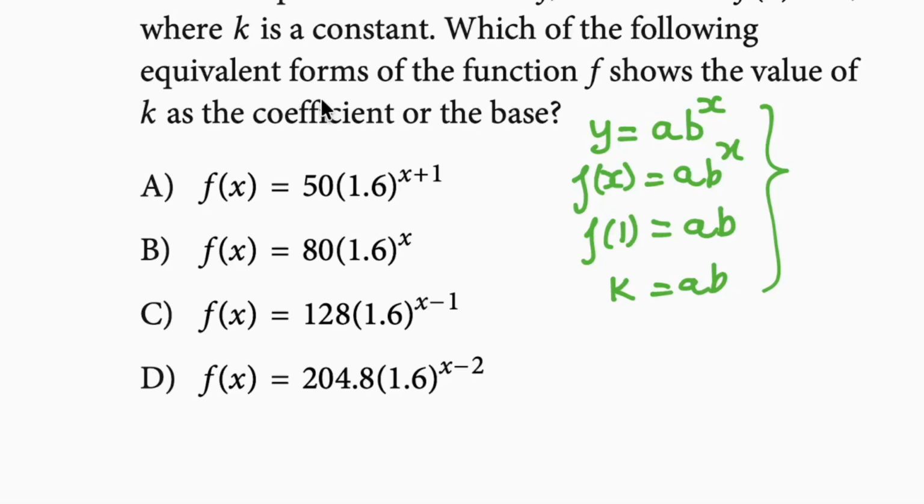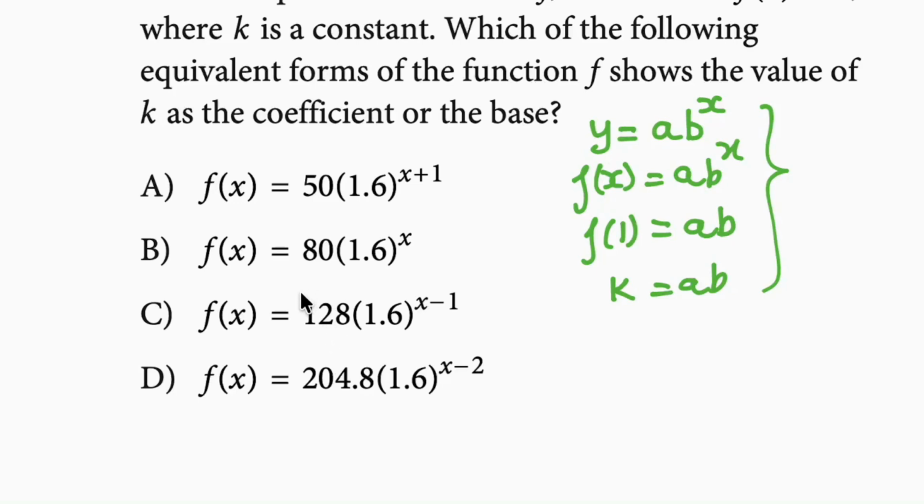Which of the following equivalent forms of the function f shows the value of k as the coefficient or the base? See, you must have seen this question many times in the SAT exam. First, let's understand the meaning of this. So, you have to choose an equation.